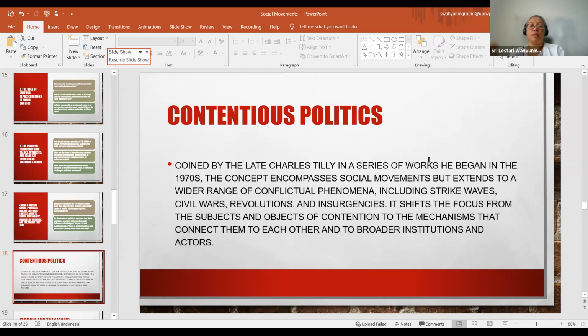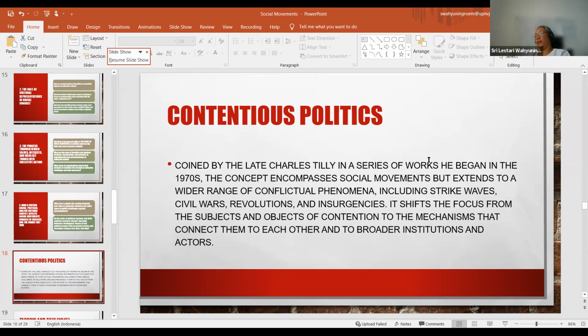And it encompasses social movement, but extends to a wider range of conflictual phenomena. So it includes strike waves, civil wars, revolutions, and insurgencies. It shifts the focus from the subjects and objects of contention to the mechanism that connect them to each other and to broader institution and actors.